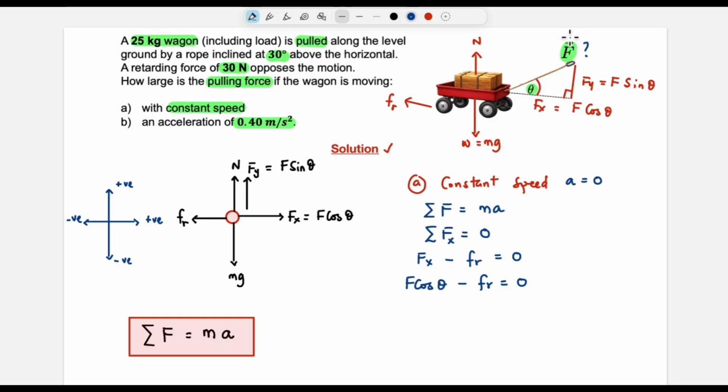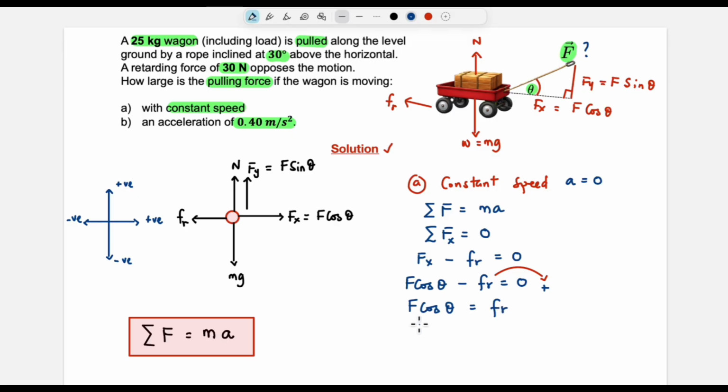So if we need F, and we know that F cosine theta minus the retarding force is equal to 0, we can easily isolate F. To do that, we will first move the retarding force to the right-hand side, and that will give us F cosine theta is equal to Fr. It is negative here, so if we move it over there, it becomes positive. That is why here we have positive retarding force.